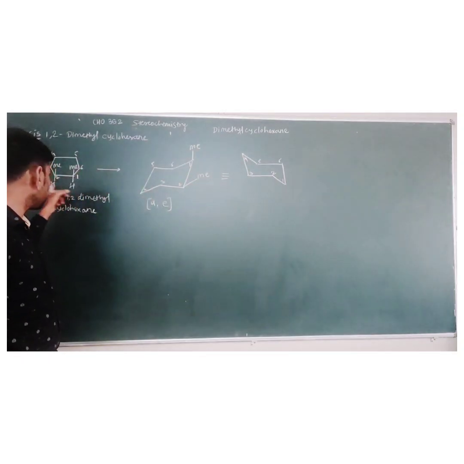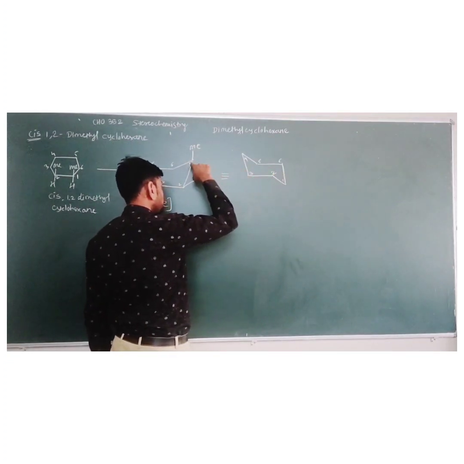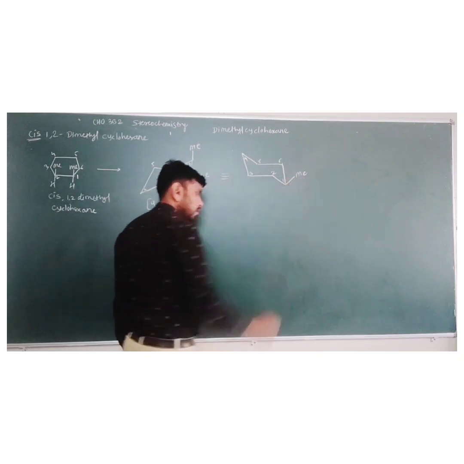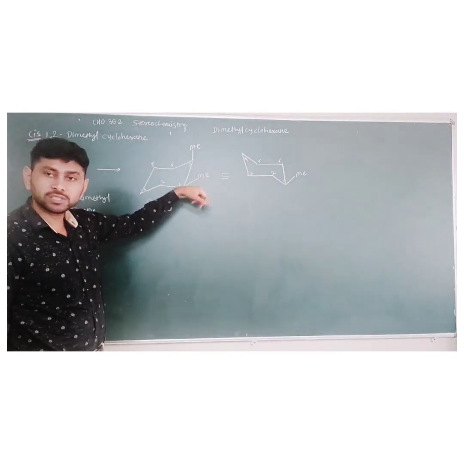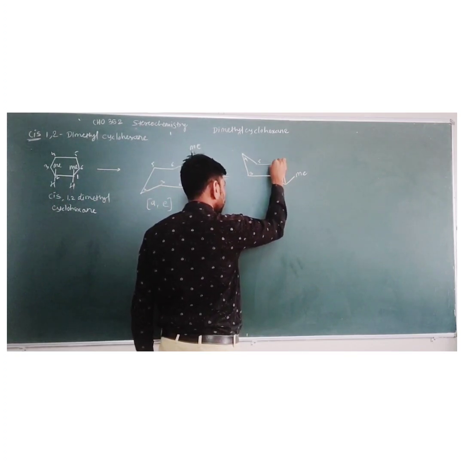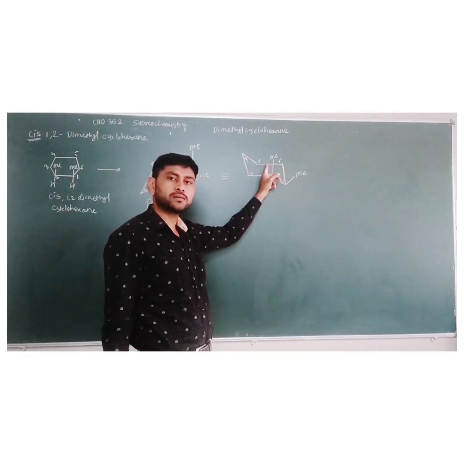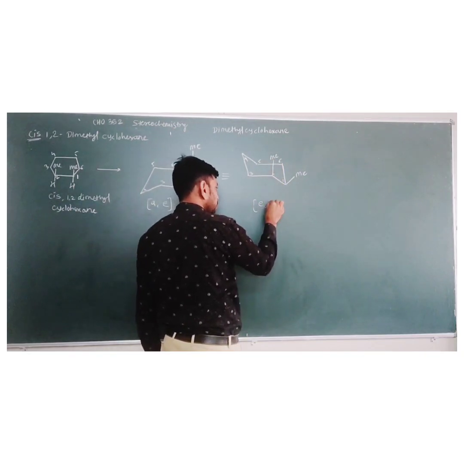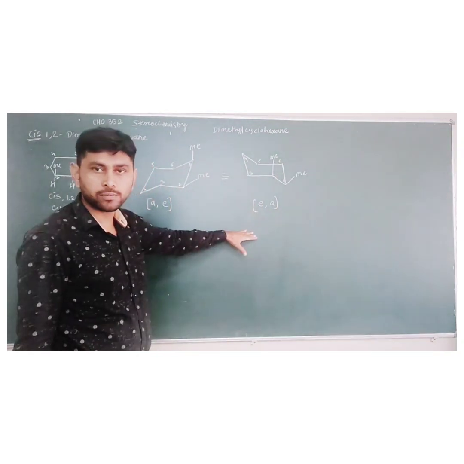Carbon number 1 contains a methyl group in the upside, and carbon number 2 also has its methyl group on the upside. But now one is equatorial and 2 is axial. So equatorial-axial and axial-equatorial forms are obtained.